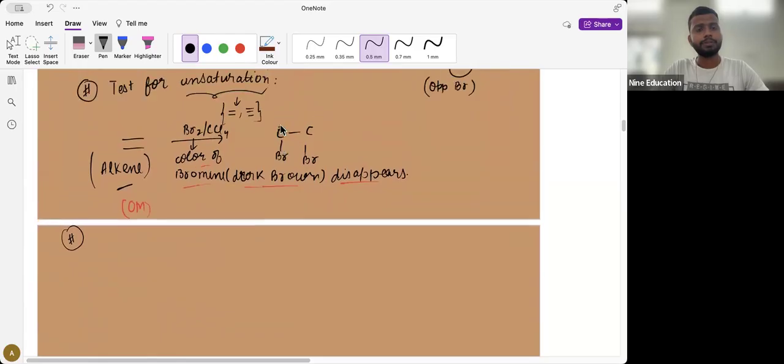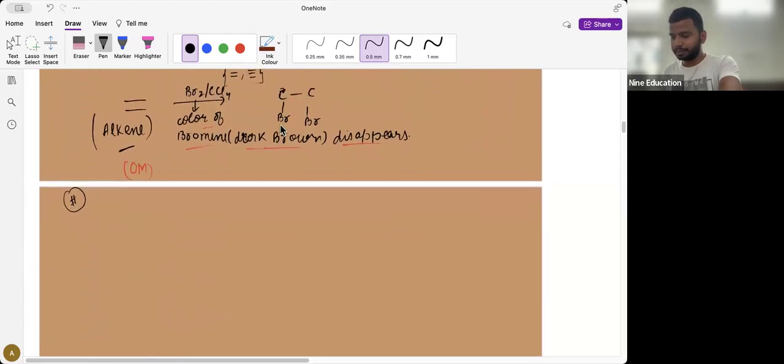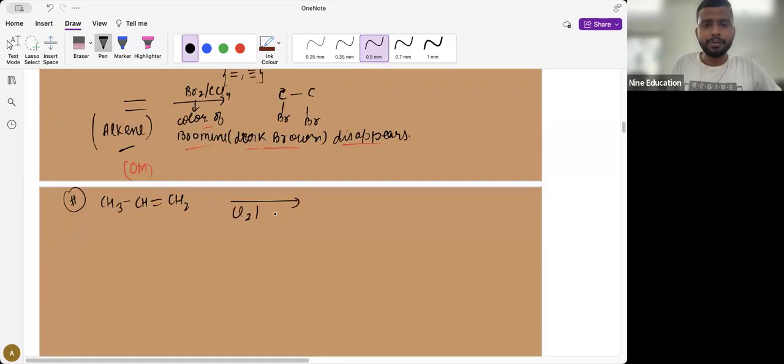Next one, see beta. Similarly, let's say we have CH3, CH, CH2, and it is given Cl2 in FeCl3.